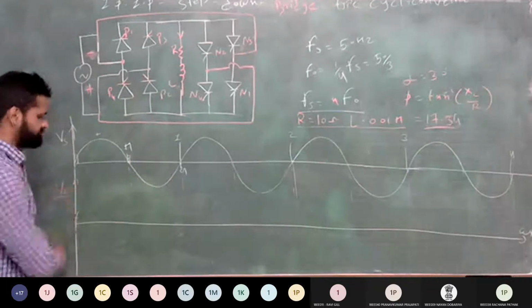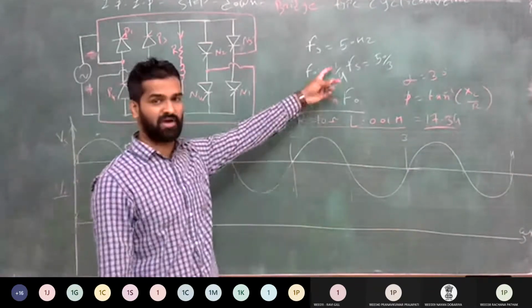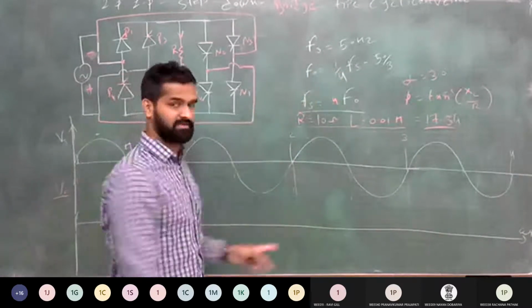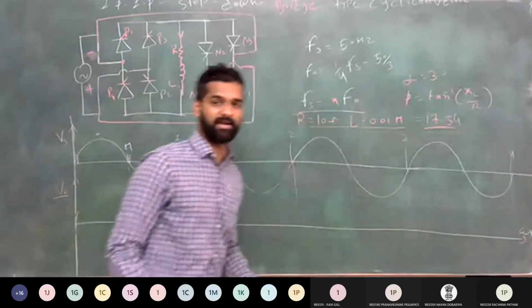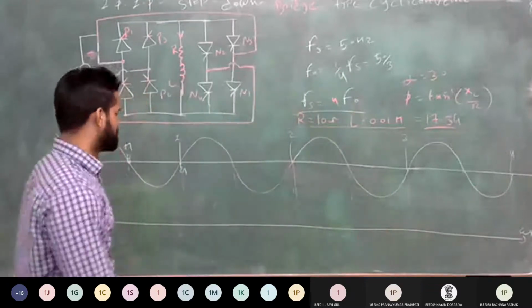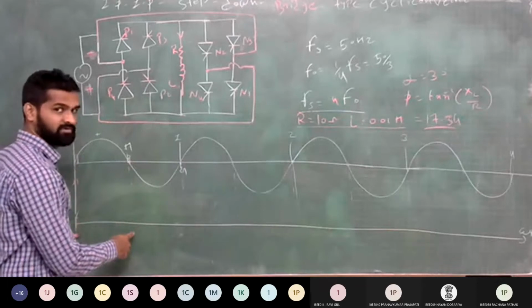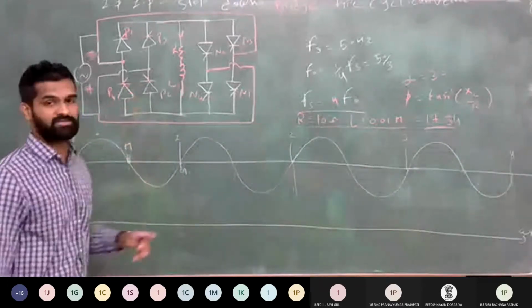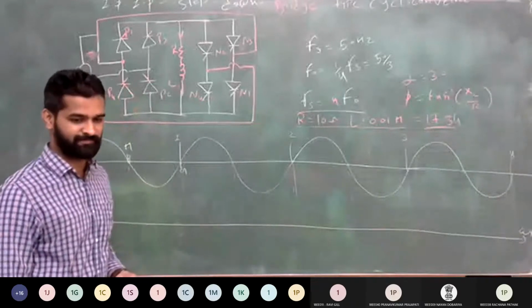Anyone? First positive cycle. Frequency requirement is the same, 1 by 4 times fs. It means 2 cycles you require positive, next 2 cycles you require the negative voltage. Clear? So in the positive cycle of your supply, you require the positive. Which group of thyristors do you turn on first? P1, P2 obviously. Yes or no?